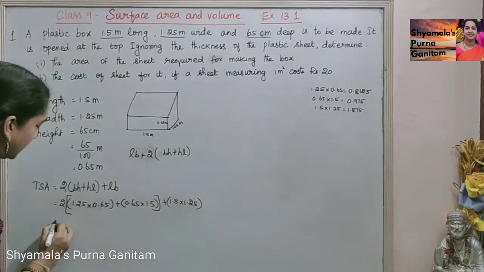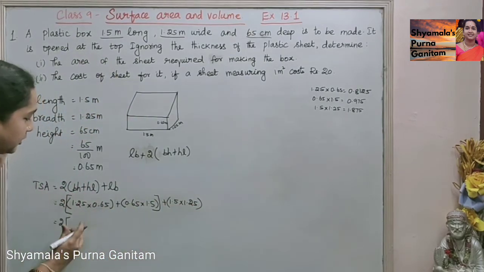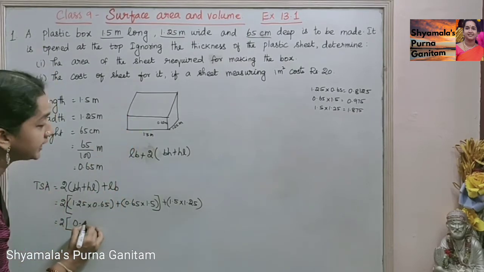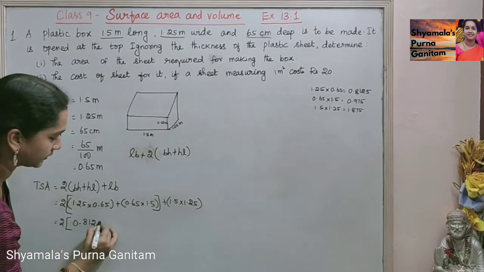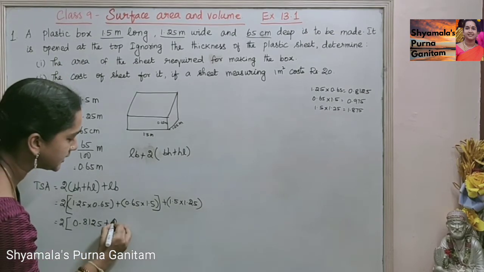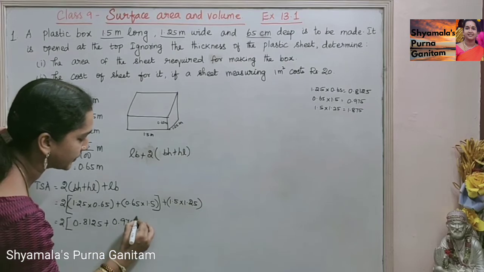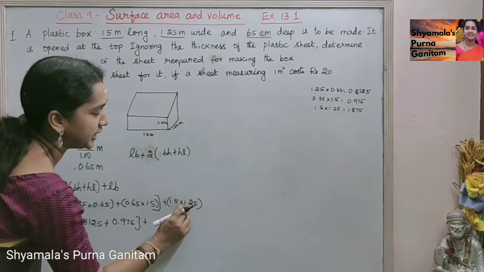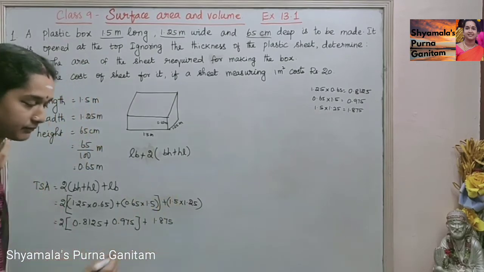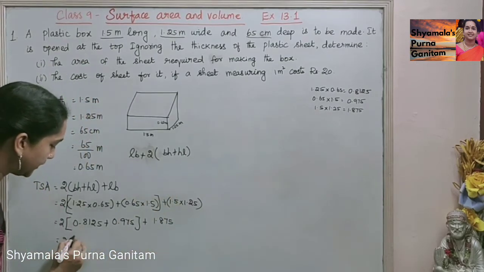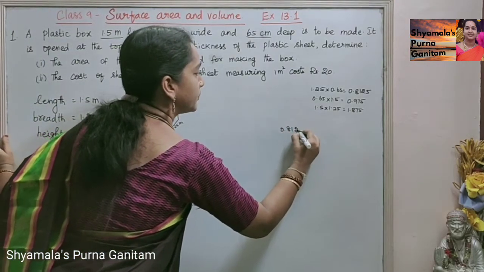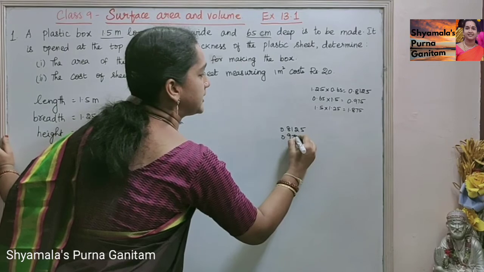When we multiply all these, 1.25 into 0.65 will be 0.8125, plus 0.65 into 1.5 will be 0.975, plus 1.5 into 1.25 will be 1.875. Then 2 into 0.8125 plus 0.975.